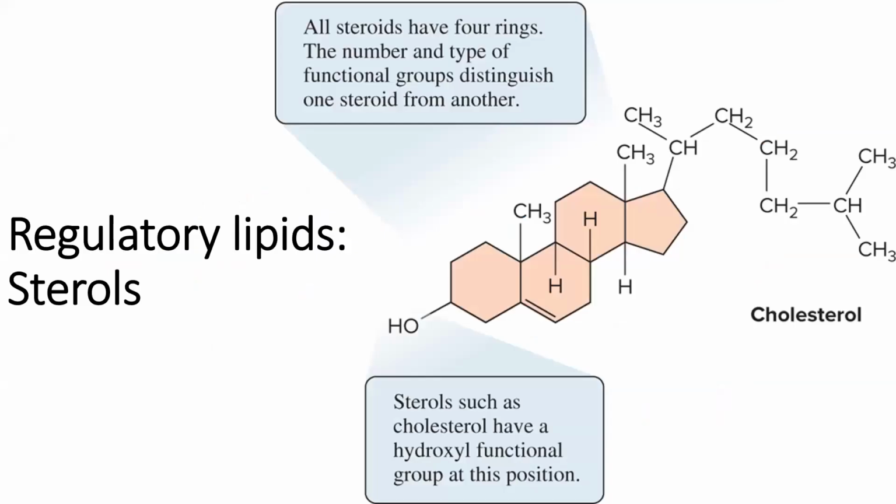All right. Next, we're going to talk about the second group of lipids, which are the sterols. For example, this is cholesterol, and you can see, again, it's going to have the characteristic of being non-polar.